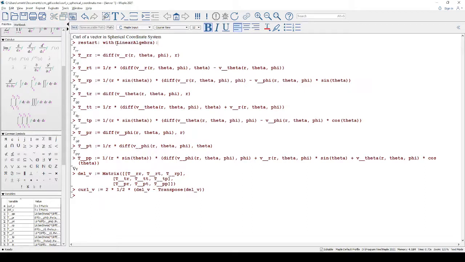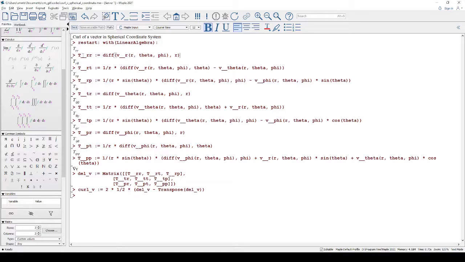So here I load the linear algebra package, and I start by calculating the different components of the gradient of the vector v. I refer to the gradient of v as the del v operator, del v star here. And I put them into a matrix like this, a 3x3 matrix.